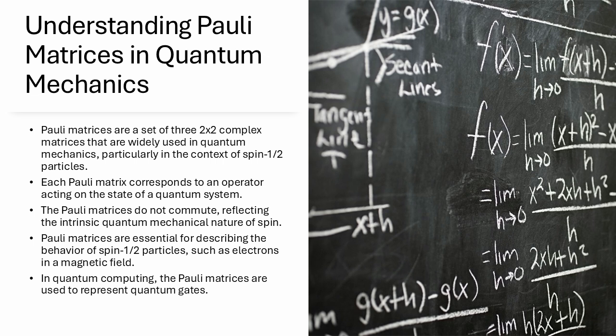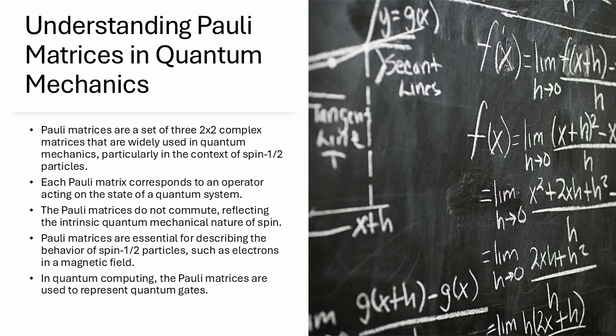What makes them really remarkable are their unique mathematical properties. For example, they're non-commutative, meaning that the order in which you multiply them matters, unlike with regular numbers. This reflects a very fundamental principle in quantum mechanics, that the order of operations can change the outcome.